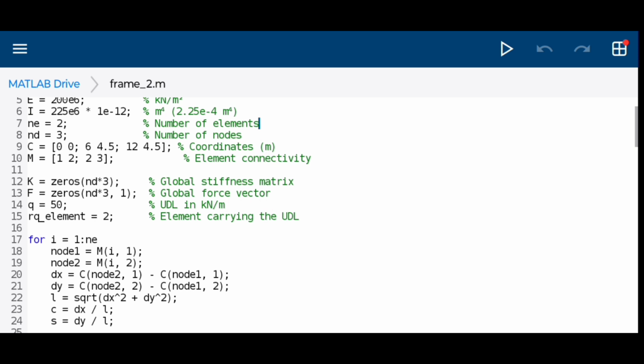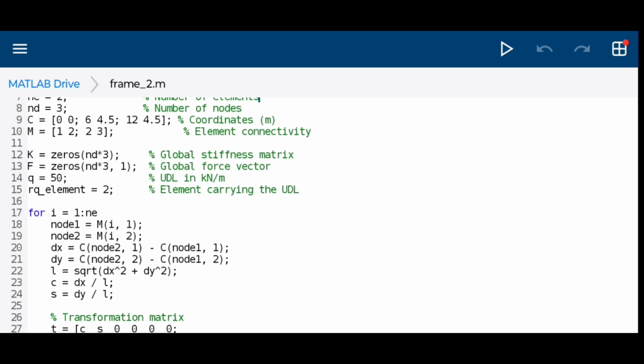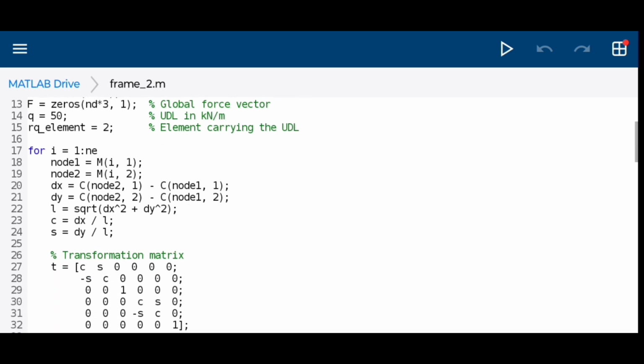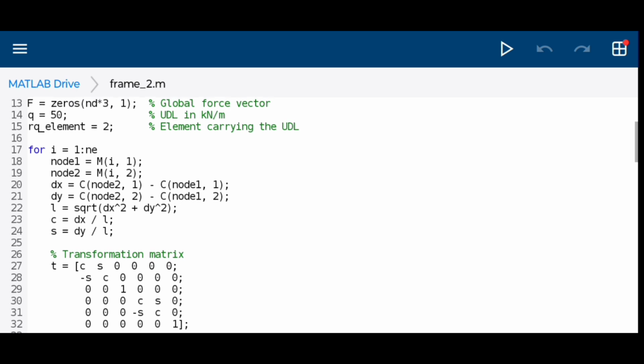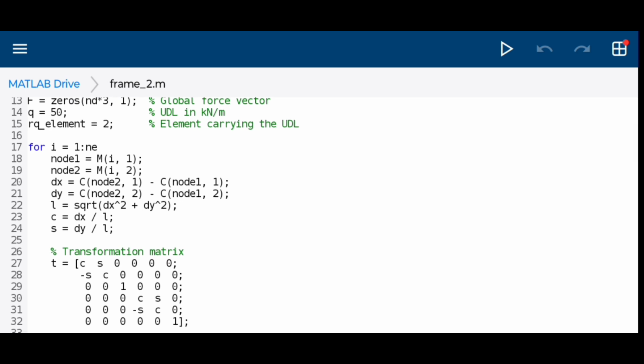So dx is 6 and dy is 4.5. This is just x2 minus x1 and y2 minus y1 in terms of node 2 and node 1. After this we get the length of the member, that is the square root of (x2 minus x1) whole square plus (y2 minus y1) whole square.